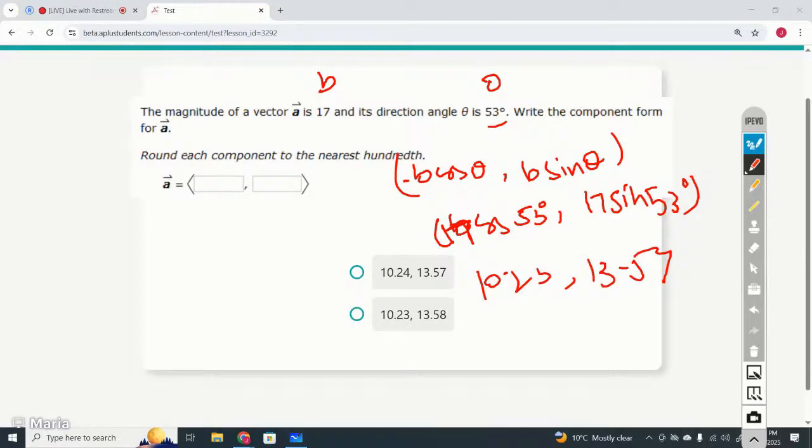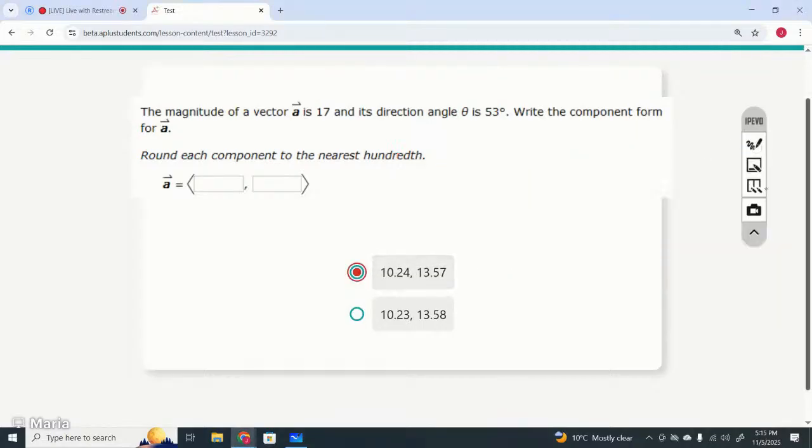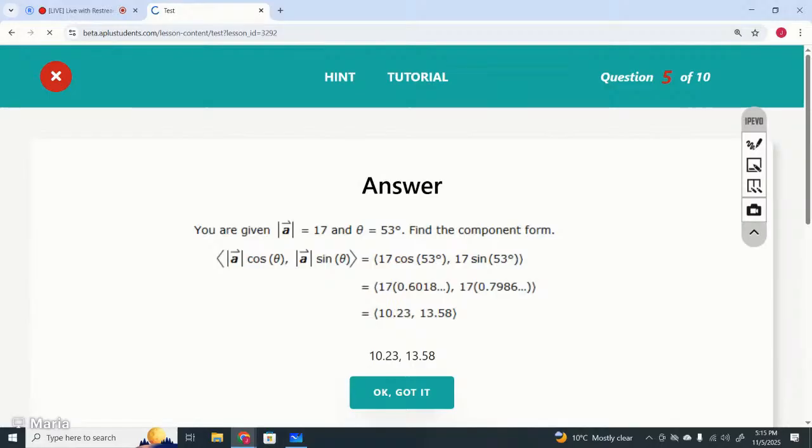So option number 1 is the correct option, that is 10.23 and 13.57. Okay, you can complete the lesson by yourself later today.